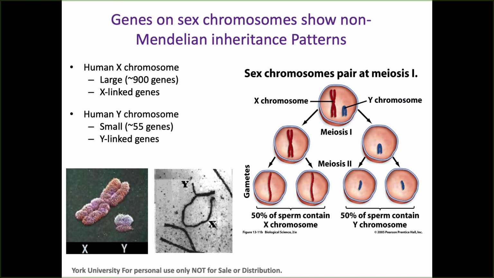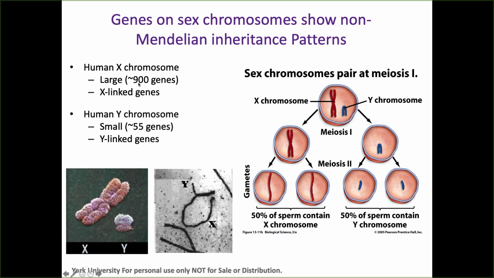Millions of years ago, there was a time when the Y seems to have rapidly lost many of its genes, and some scientists estimate as much as 97% of its genes were lost millions of years ago. As a result, the X chromosome has far more genes on it than the Y chromosome.